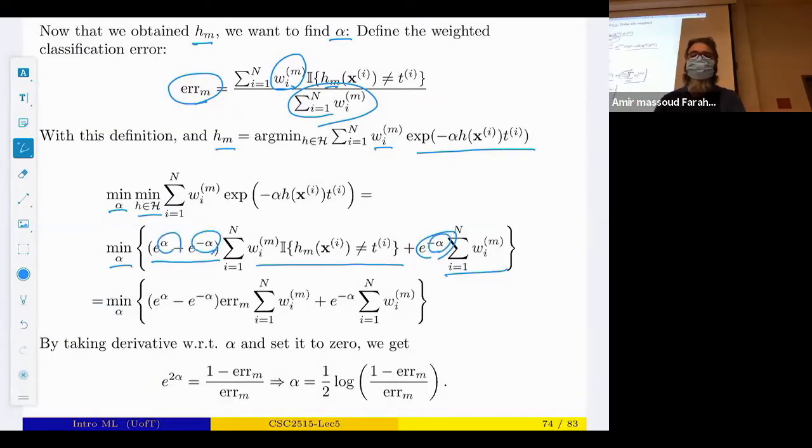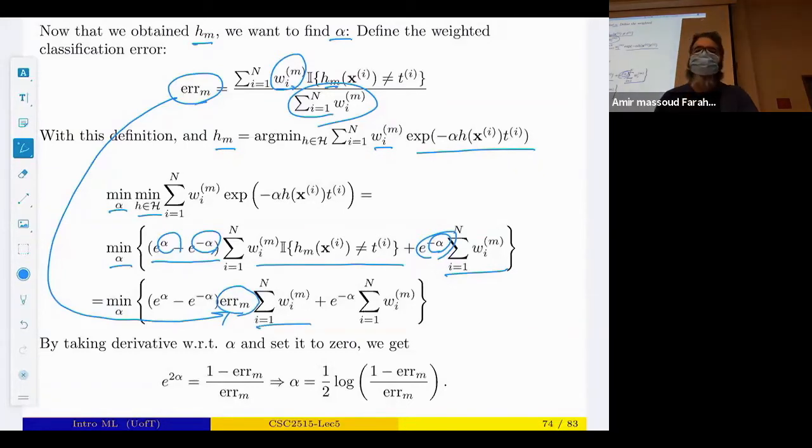So we do some manipulation and use the definition of error_m. We use this to get that it would be the minimum over alpha of (e to the power of alpha minus e to the power of minus alpha) times error_m times the summation of the weights, plus e to the power of minus alpha times the summation of weights. So this is just algebraic manipulation.